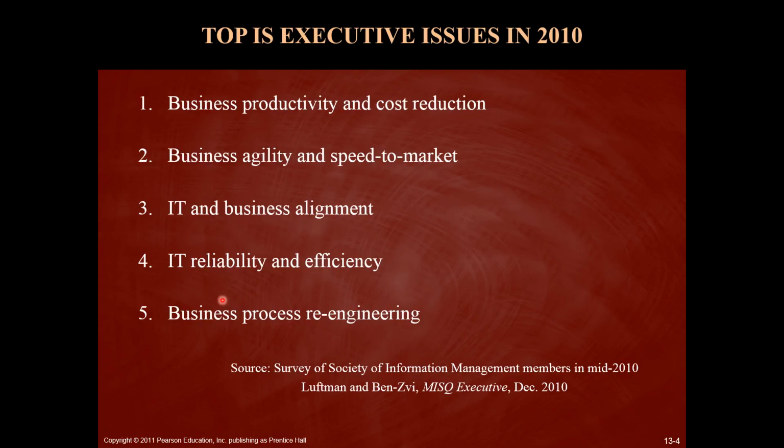And then business process reengineering, basically using technology to improve organizational processes. So those are the most frequently quoted areas of concern for senior technology leaders, and those areas reappear from year to year. The order may change, some new items may be introduced, but these five seem to appear in every survey.